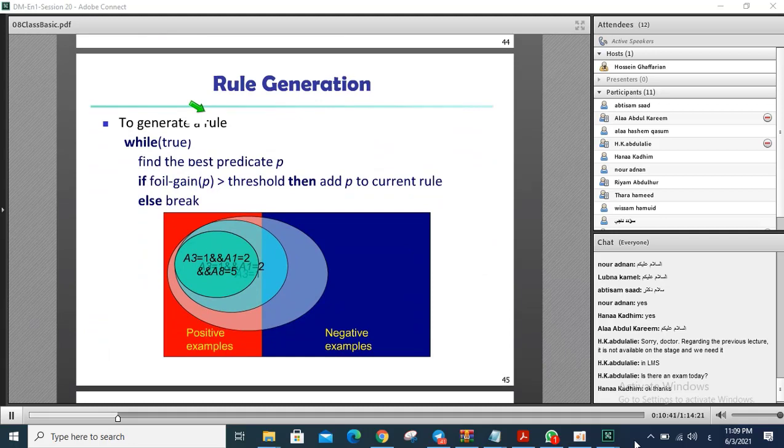So I can use this pseudocode. For example, while there are enough target tuples in my space, I can generate a new rule and remove the positive target tuples covered by that rule.